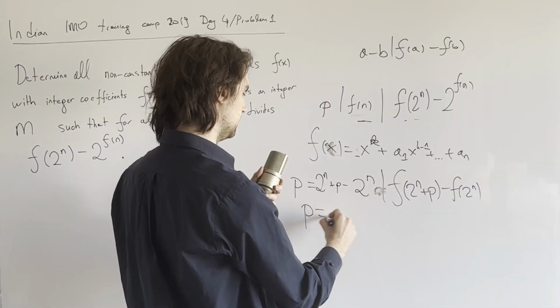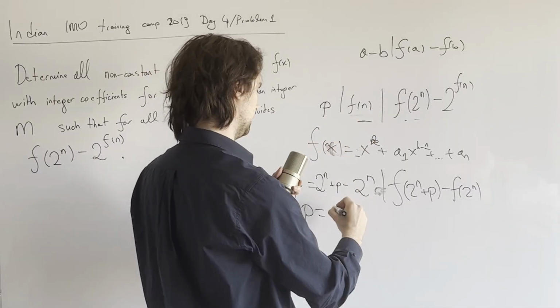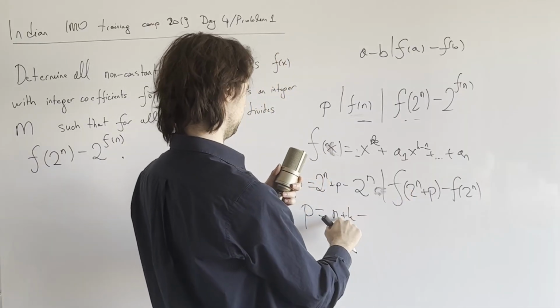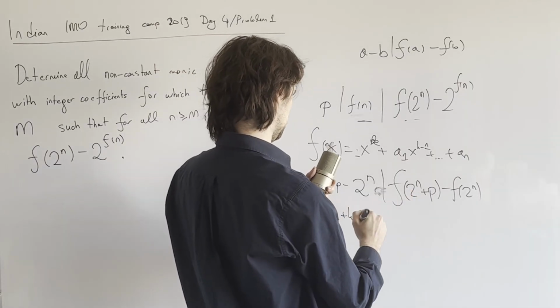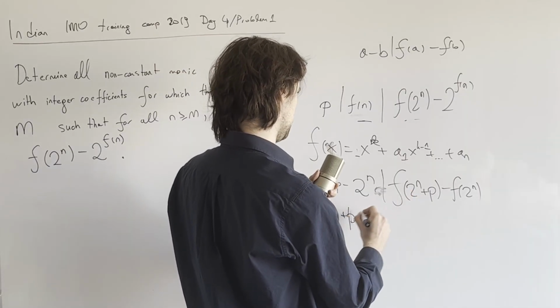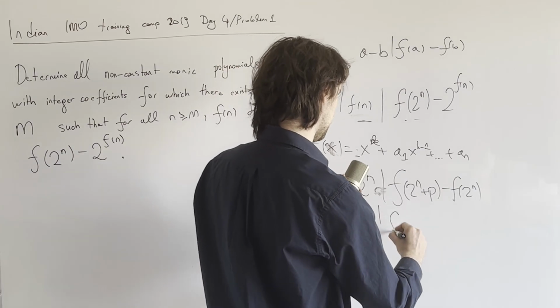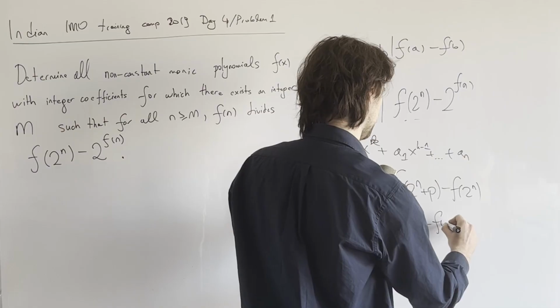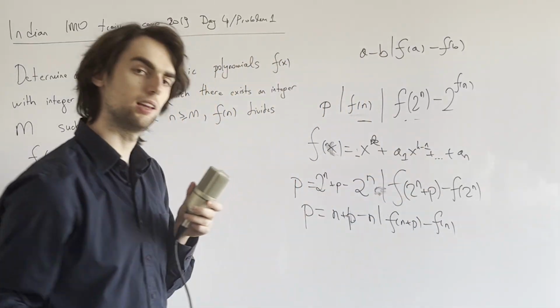So then let's write p is equal to, I'm going to have some n plus p minus n, which will give me then f of n plus p minus f of n, and then I'll get what I need.